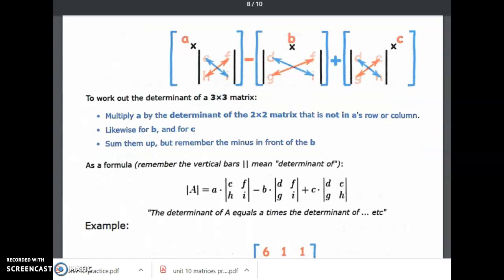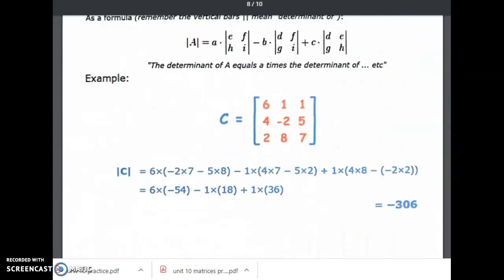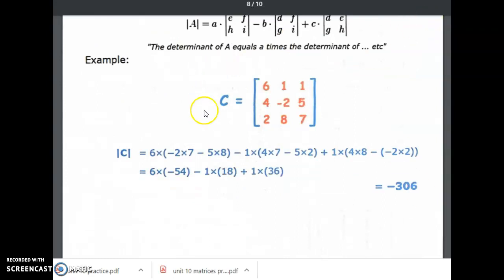Okay, so we're going to do some practice with this so we can see. If we take a look at this 3 by 3 matrix, we multiply the 6 times negative 2 times 7 minus 5 times 8. So the negative 2 times 7 gives us negative 14. 5 times 8 gives us 40.